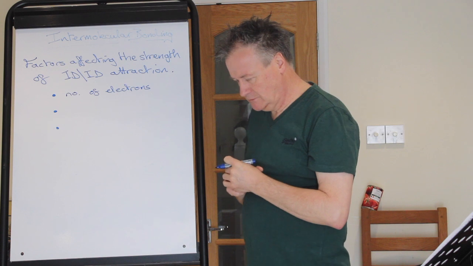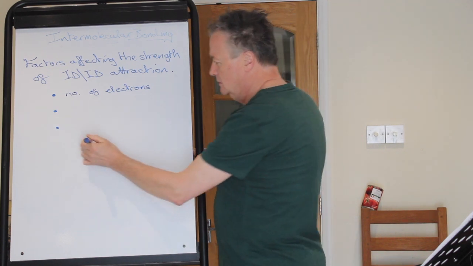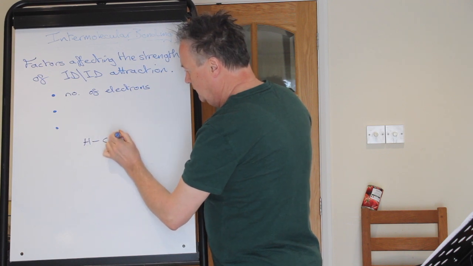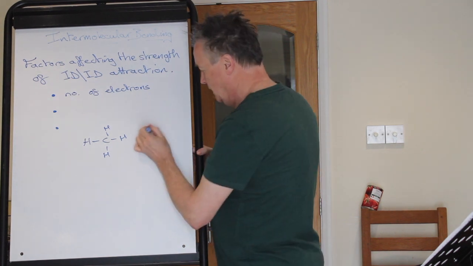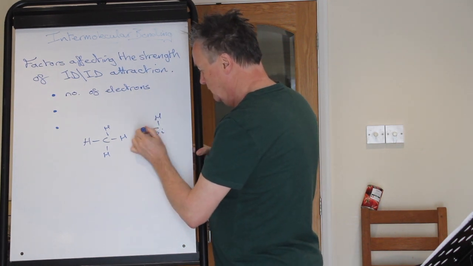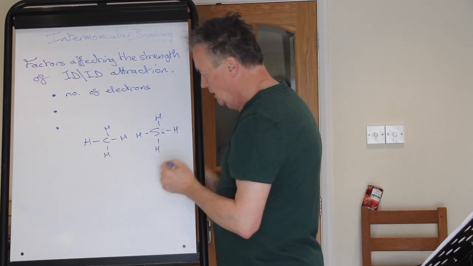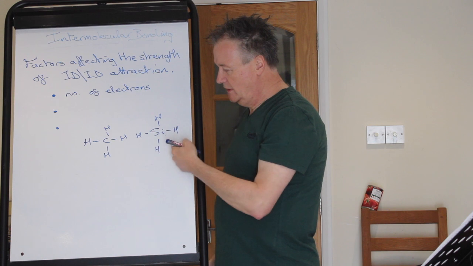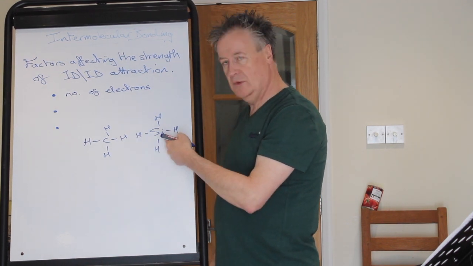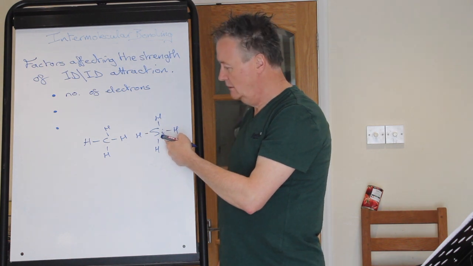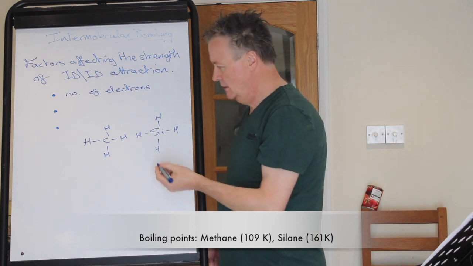So if you look at something that's got pretty much the same shape, so if you looked at methane and you looked at its analogue underneath, which is called silane, the number of electrons between them, this has got many more electrons because the silicon is a bigger atom, so this will have more ID-ID, and therefore its melting and boiling points will be higher in value.